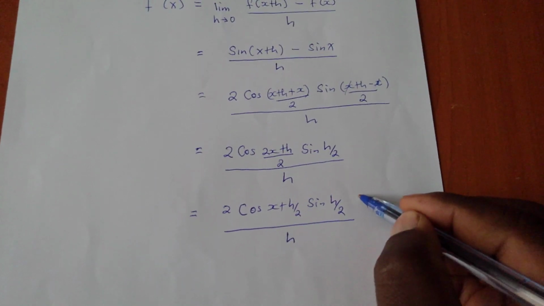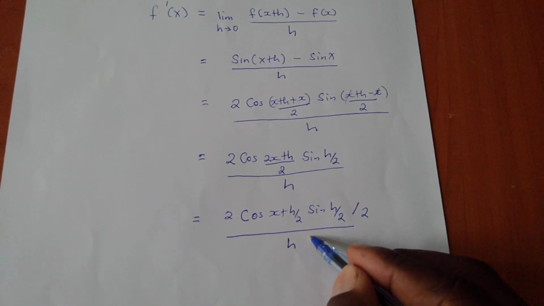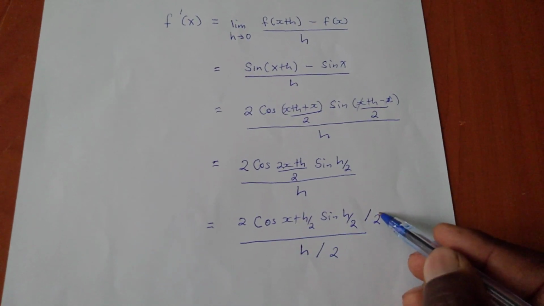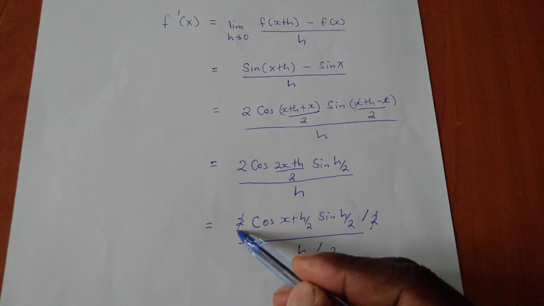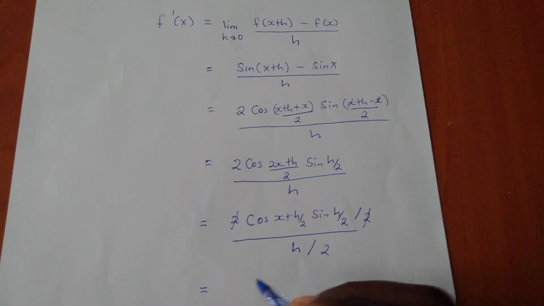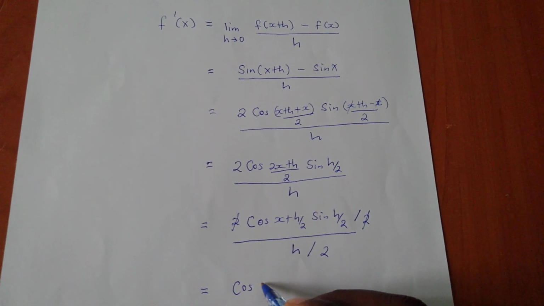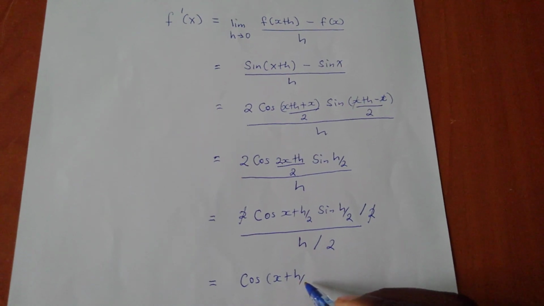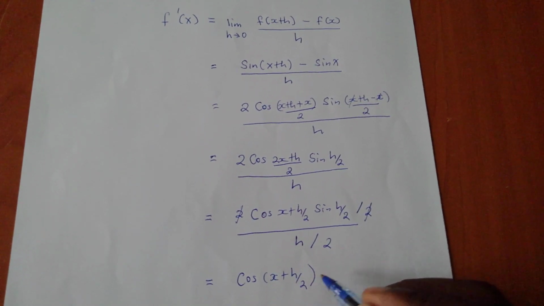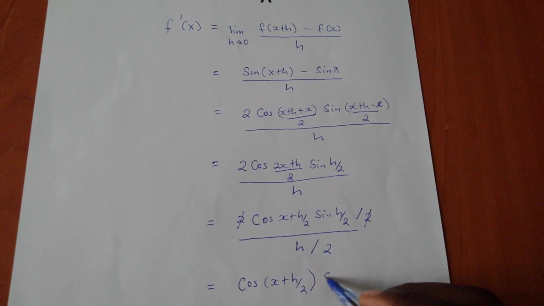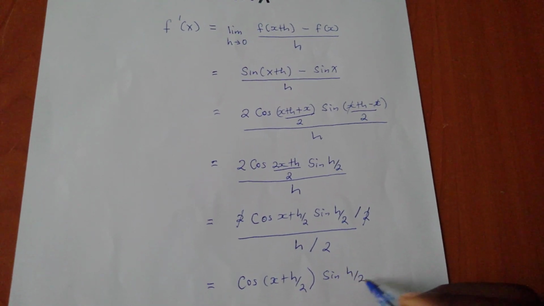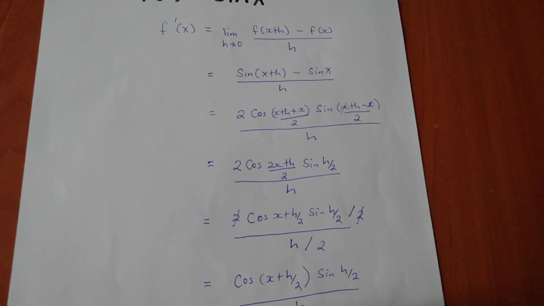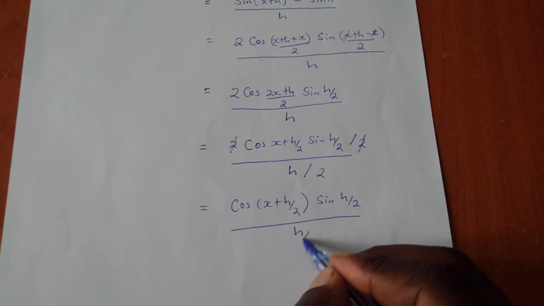So I will divide by 2, and also this one I will divide by 2, the numerator and the denominator. So these 2 eventually will cancel, and I will remain with cos (x plus h over 2) and sine (h over 2) over (h over 2).